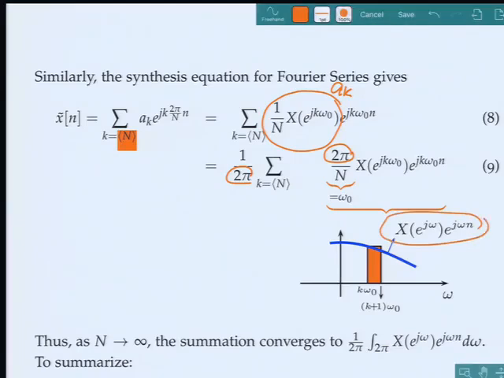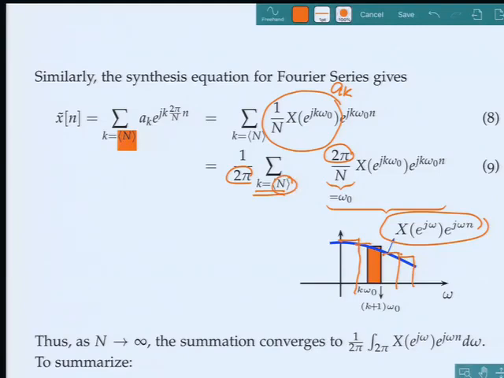Okay? So the one thing we have to note, one difference, the same thing was happening in the continuous time case, but the one difference is that now this is a finite sum. We only sum n elements, capital N elements. So even though we are doing these stepwise things, spaced apart by omega naught, right? The number of those is increasing, of course, because omega naught is now smaller. But we still have n of those. At the end of the day, the summation is done over n terms.